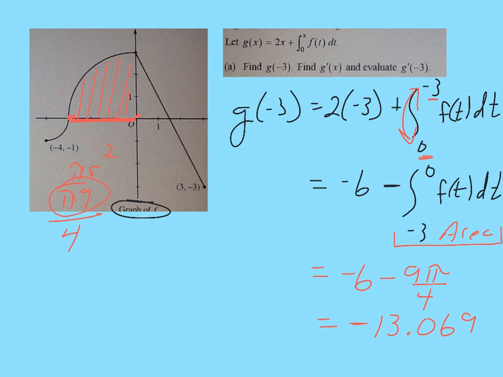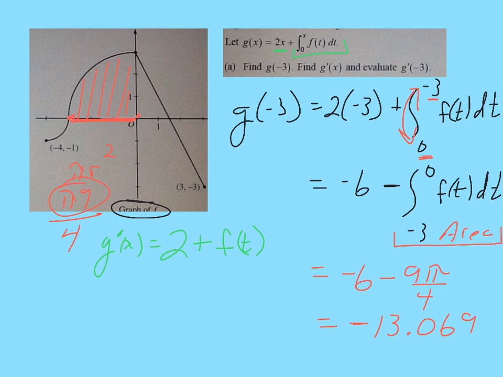We're going to find g prime of x and then g prime of -3. Okay, so I'm just going to switch colors here, and we're going to find g prime of x. Well, if g of x is 2x, the derivative of 2x is 2, plus we need this part, and we just said the derivative of the integral is just that function, so that just becomes f of t. So the derivative of g of x is 2 plus f of t.